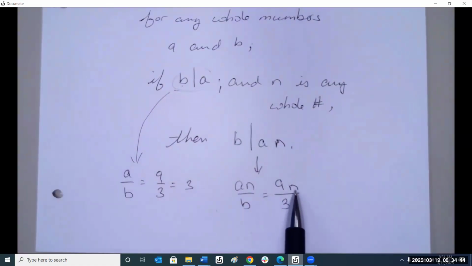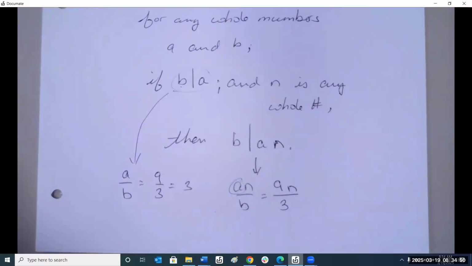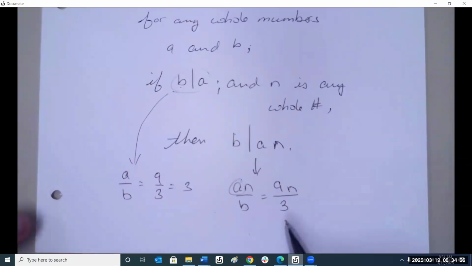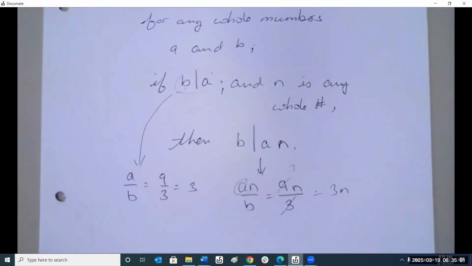No matter what N I put there, as long as A is divisible by B, then anything times 9 is divisible by 3, because the 3 cancels the 9, and we're left with 3n. So it doesn't matter what n is. It's simply a constant multiple.